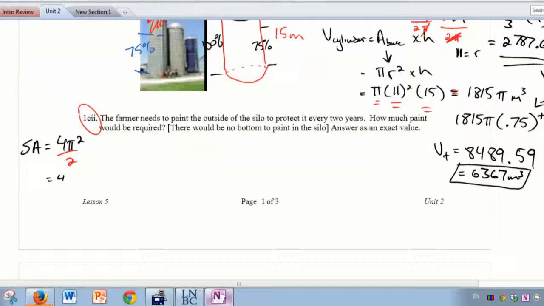So 4 divided by 2 is, forgot my r in here, 4 pi r squared. So 2 pi r squared is surface area of hemisphere. And then I have my cylinder.